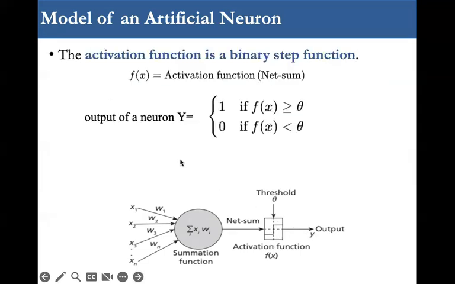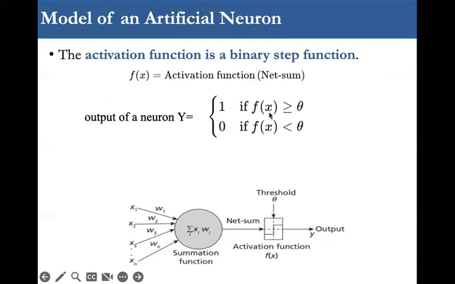Now we learn about the activation function, which is the binary step function. The activation function takes the input as the net sum. Already we have seen what is the net sum, which is summation of xi into wi. That is the net sum. The output will be taken here in the activation function.